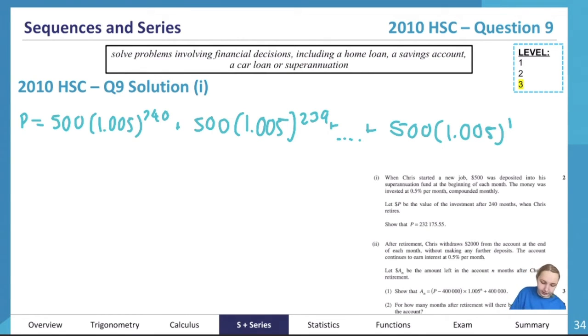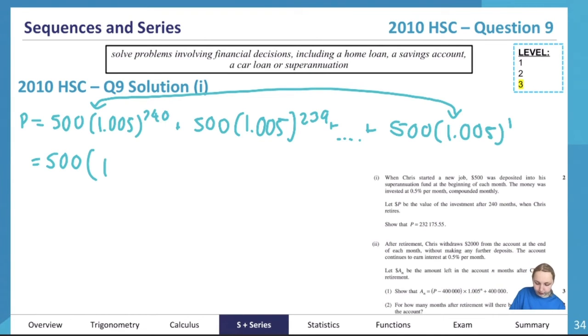From here, take out the 500 as a common term. Then flip this around so that this is now down here and this is down the other end. You'll get 1.005 to the 1 plus 1.005 squared plus everything in between until you get 1.005 to the power of 240.